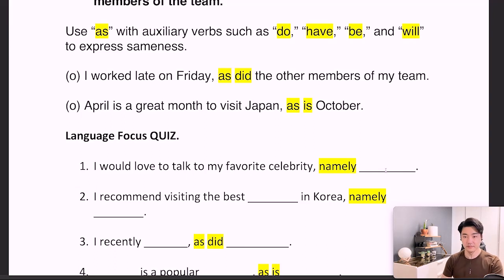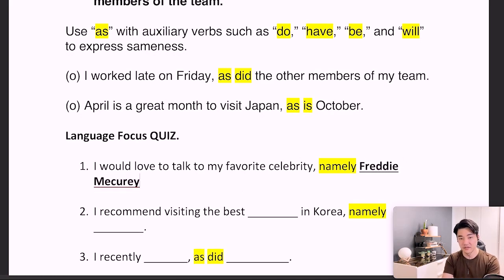I would love to talk to my favorite celebrity, namely Freddie Mercury, but he's dead, so I would have liked to have talked to my favorite celebrity, namely Freddie Mercury. 내가 가장 좋아하는 연예인 쭉 프레디 머큐리랑 대화하고 싶다. But yes, like I said, he's passed away.